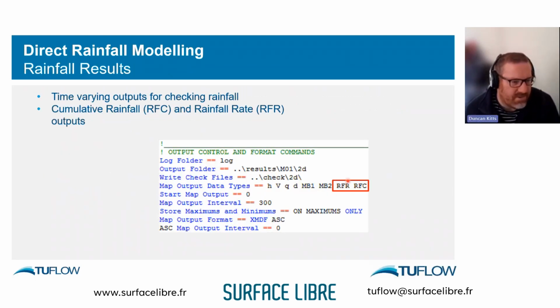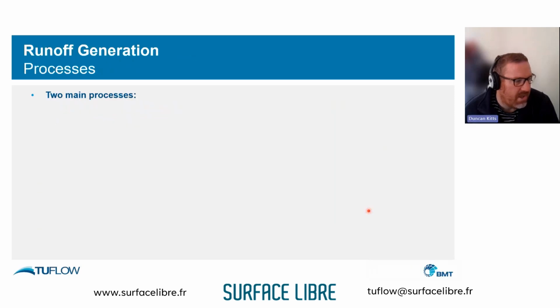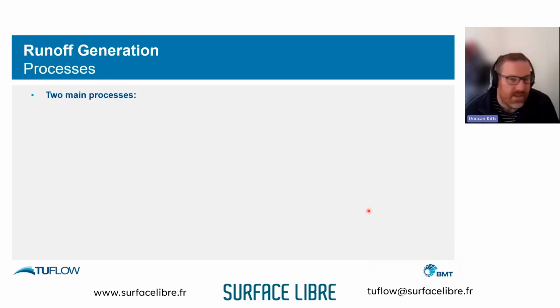You can get more result parameters when you're doing direct rainfall. So you can see the cumulative rainfall and the instantaneous rainfall rate. You can look at the cumulative infiltration and the instantaneous infiltration rate as well. So in terms of outputs, you've got that full visibility of what's going on. I would add, if you do some direct rainfall modeling, these kinds of variables are very interesting to look at to understand what's happening in your model.